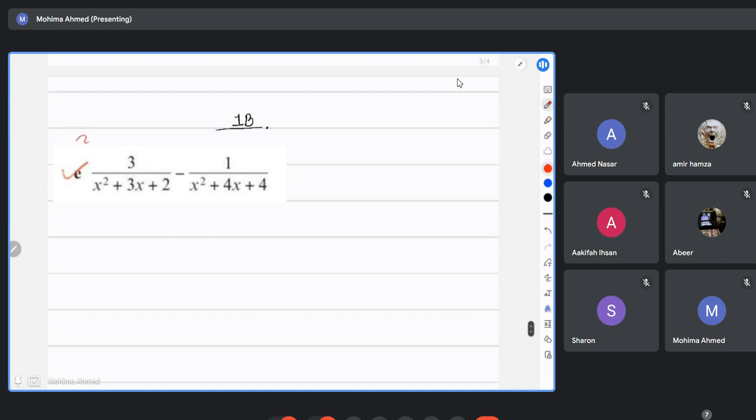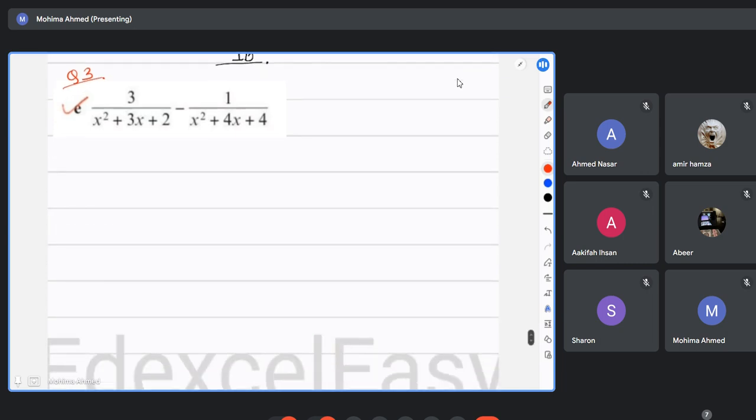This is question 3, question 3E. For question 3E over here, I can understand that in the denominator you have quadratic equations. So at the end, obviously I would have to factorize them. So before doing the LCM, I would like to factorize them first. So for that factorization, we're going to have x squared, you have 3, so it's 2 in that case, right?